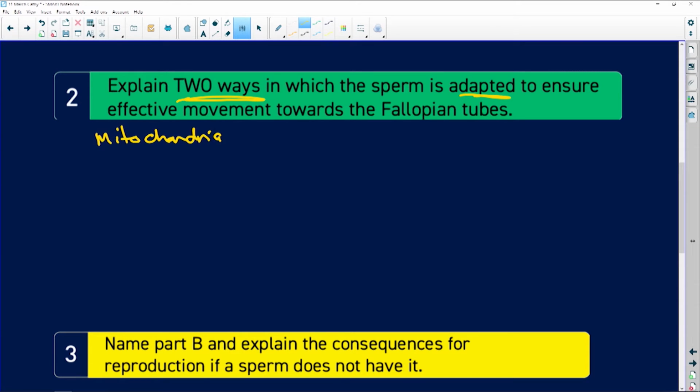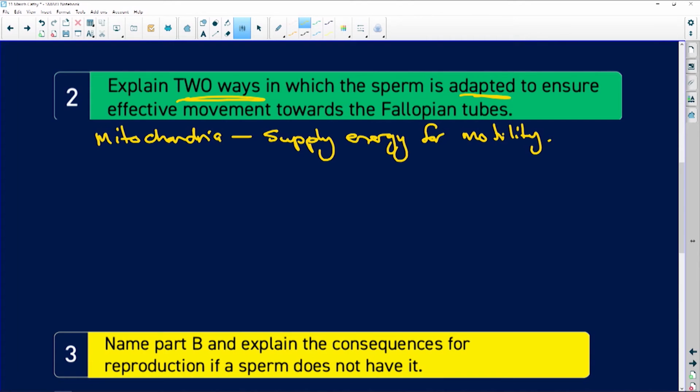And what do the mitochondria do? Well, the mitochondria supply energy for motility. And you see there's one word, instead of for the sperm cells to move, motility. And I'm sure by now you understand motility and you'll have it in your heads.